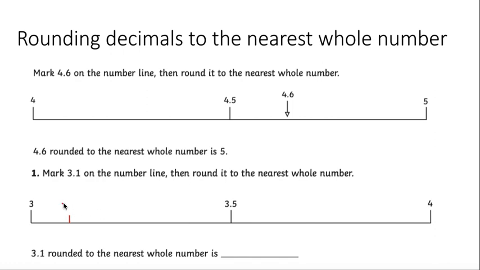This would be where 3.1 would be. And I can see that 3.1 is definitely closer to 3. So rounded to the nearest whole number would be 3. Anything 3.5 and above would be rounded to 4. Anything below 3.5 we would round down to 3 because that's what it's closer to.